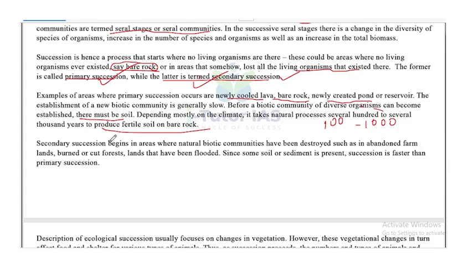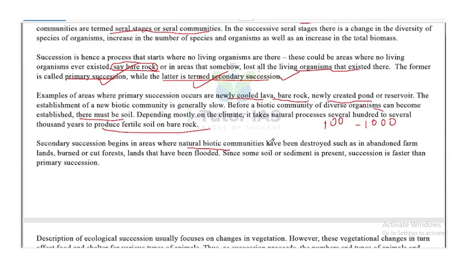Now, secondary succession begins in an area where natural biotic communities have been destroyed by some process. For example, abandoned land, burnt or cut forest, or land that has been flooded. Since some soil or sediments are already present, the succession becomes faster than primary succession.